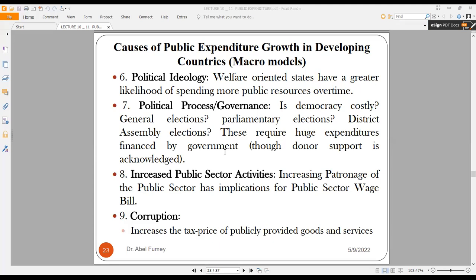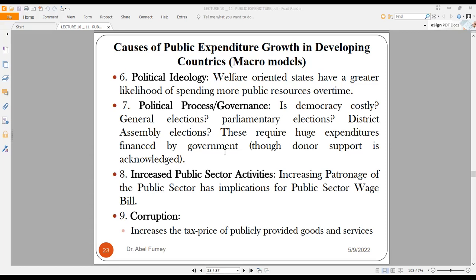They have to conduct general ones for the presidency as well, and those things come with a huge cost. So when the political process of the state involves democracy, it normally comes with a huge cost, and that one too forms part of the government expenditure.